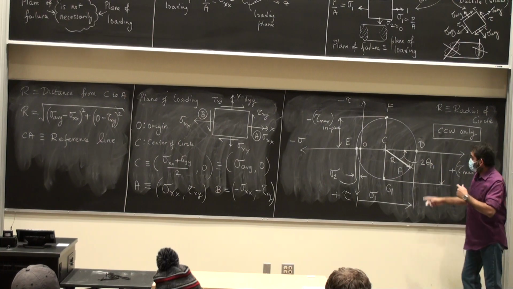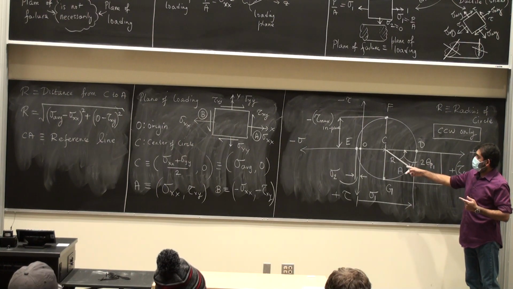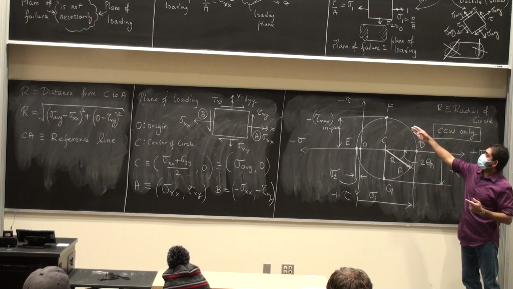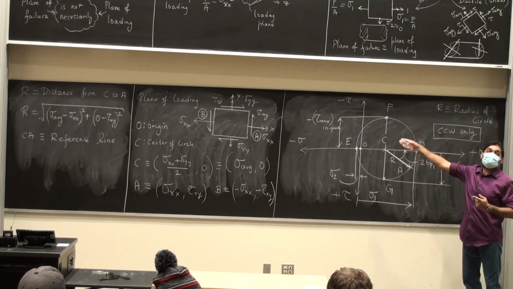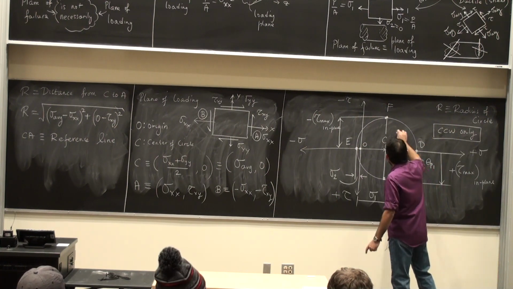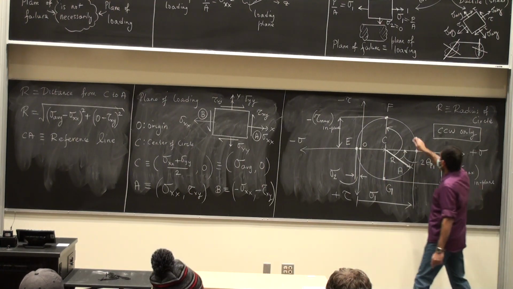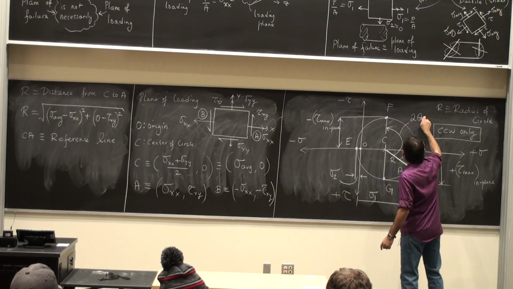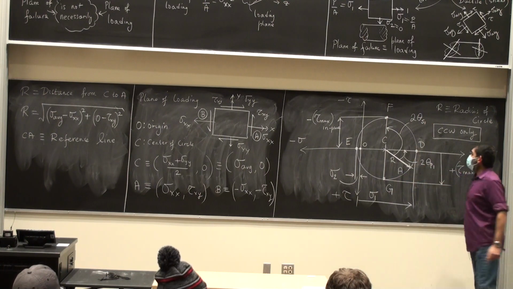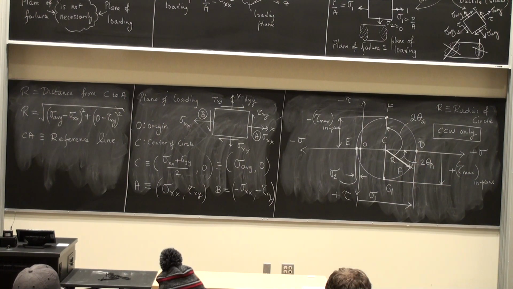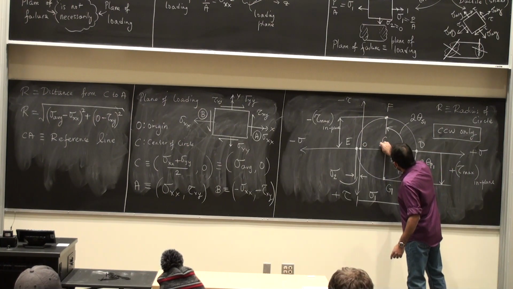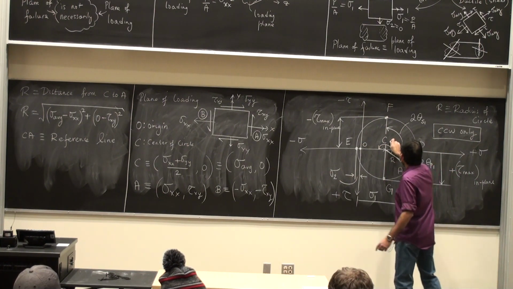And then, all the way from the reference line, counterclockwise to the first shear stress that you hit, which in this case is the point F. This angle is going to be 2 theta S1. And if you want 2 theta P1, it's going to be all the way from here on to that.